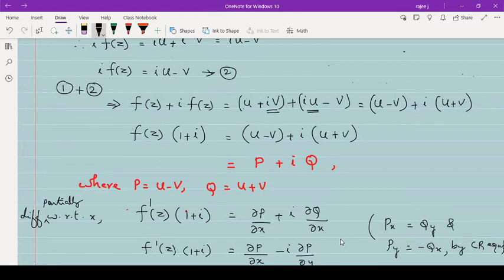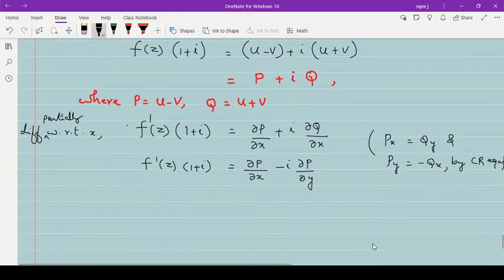That's why I wrote in red letters. So f of z into 1 plus i is p plus iq, where p is u minus v, q is u plus v. You need not show all these things. Therefore f dash z into 1 plus i equals dou p by dou x minus i into dou p by dou y, when p is given.